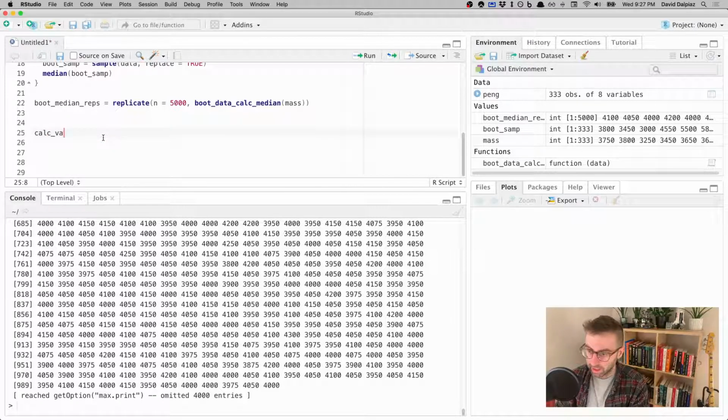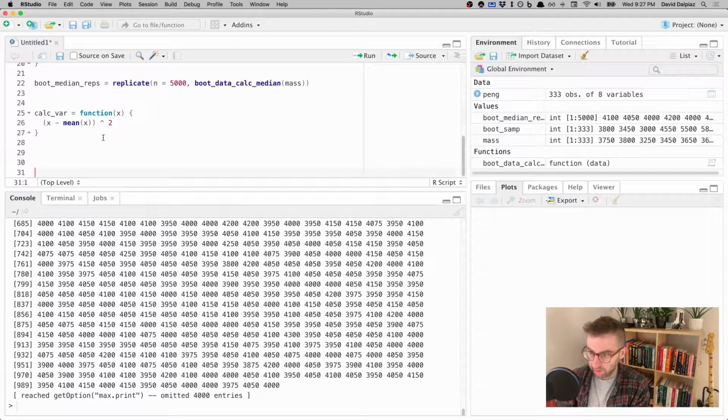Because I'm going to need it, I'm going to write a function that calculates the variance of a vector. So I'm going to do x minus mean x. Square those things, sum those things, and then divide by the length.